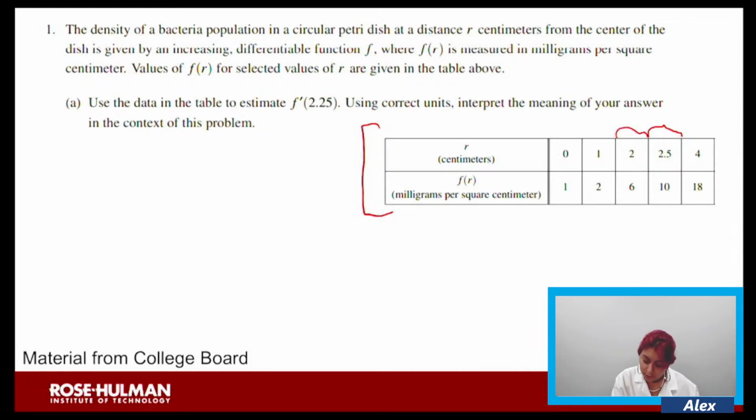When we do a problem like this, you have to consider that r is the radius of your population in a circular Petri dish. For these types of problems, I like to draw a diagram to represent what's happening in the function. So let's say this is our Petri dish.